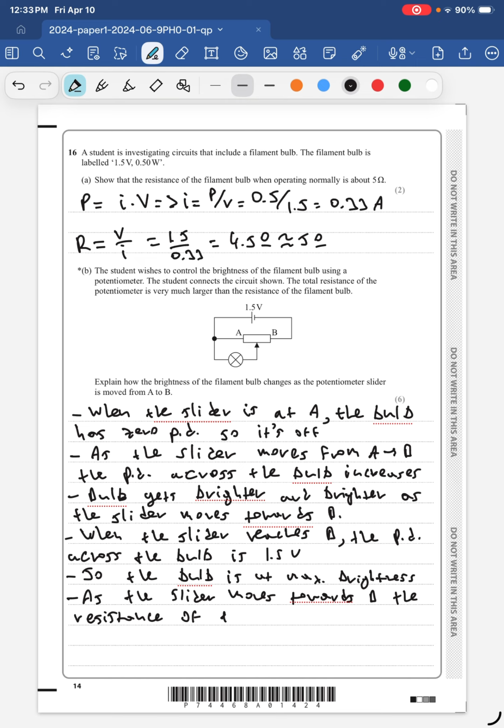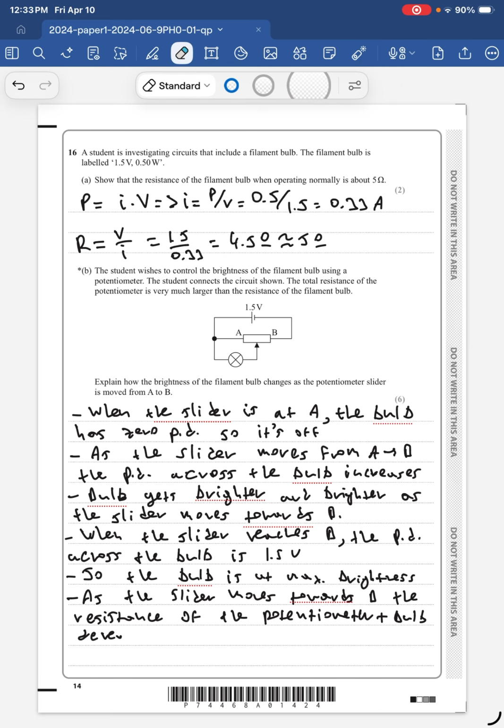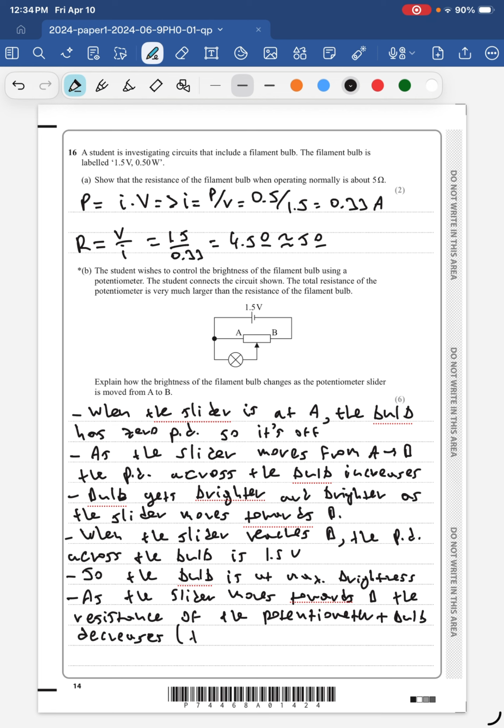So the resistance of the potentiometer plus bulb decreases because they are in parallel. Decreases, and we can write in parentheses, they are in parallel. I think this is a good complete answer for part B.